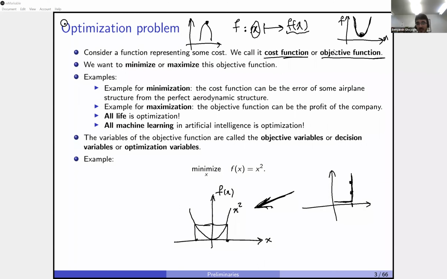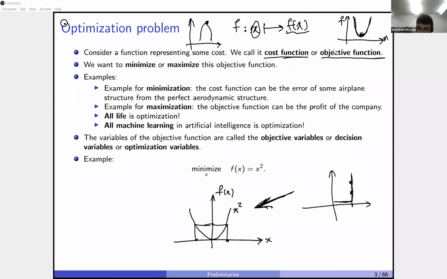Why do we call it a cost, especially when it is minimization? When we say minimization, it means that we want to find the minimum. We usually call it a cost function because it's a cost of something, and we want to minimize that cost. For example, the amount of penalty that a system gives you, you want to minimize that penalty. And you can model that penalty by a function of its inputs.